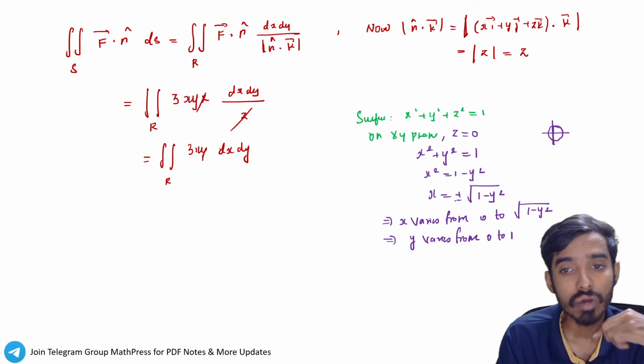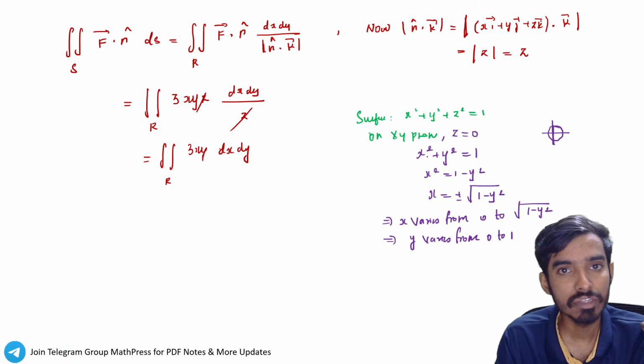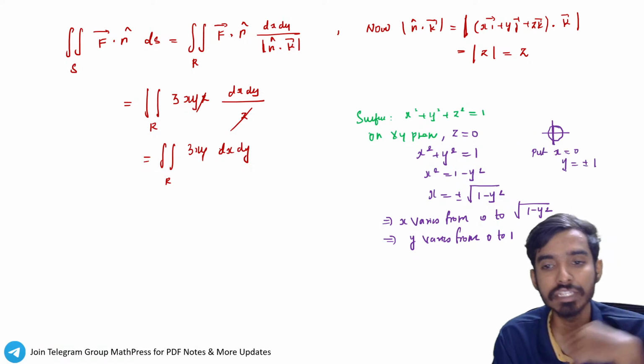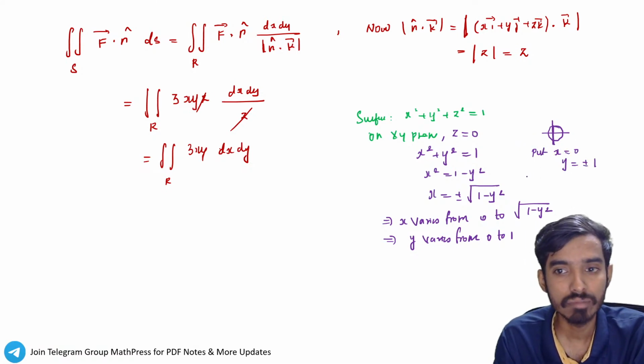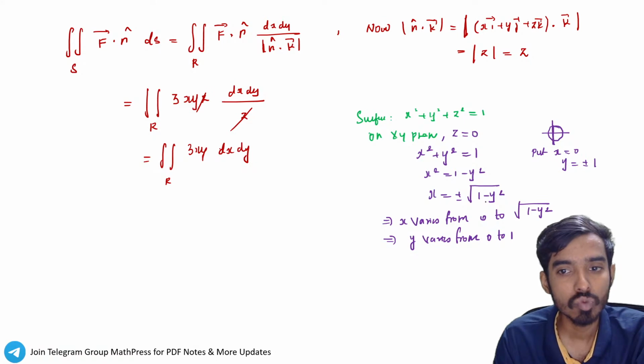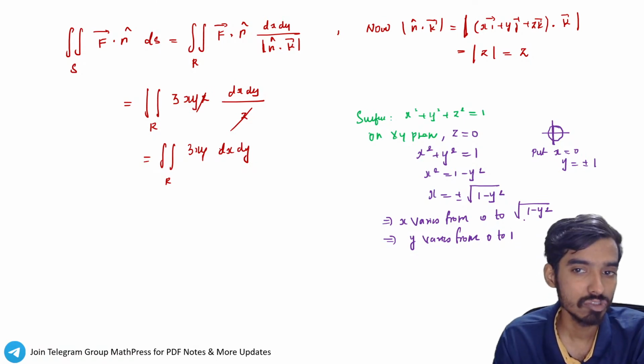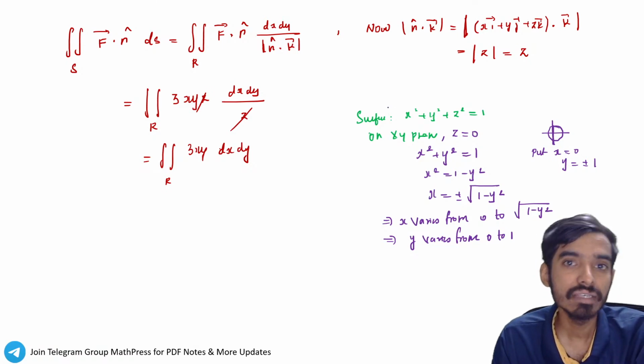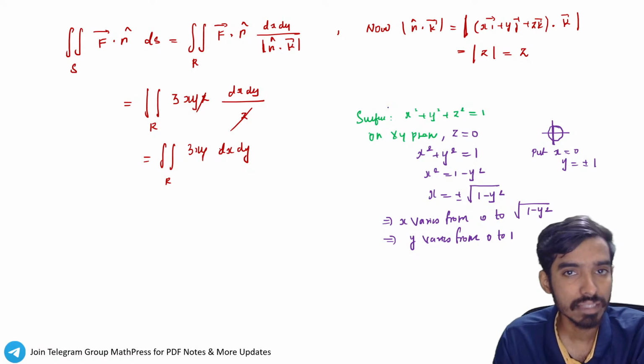Or if you want to choose the y limits, put x equal to 0 and you get y equal to plus or minus 1. Since we are in the first octant, y varies from 0 to 1. You can also choose y to be root of 1 minus x square and x varies from 0 to 1.